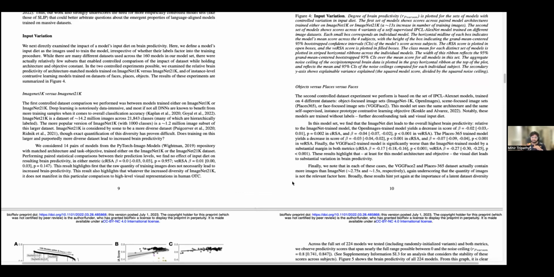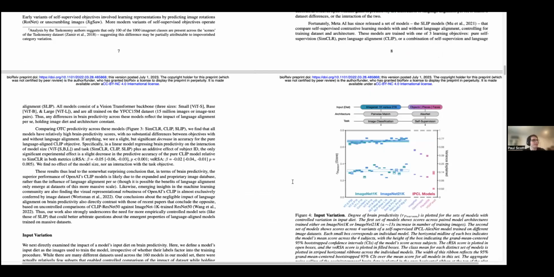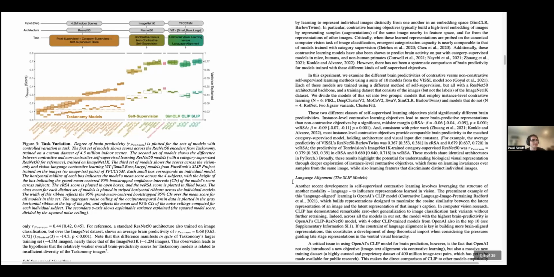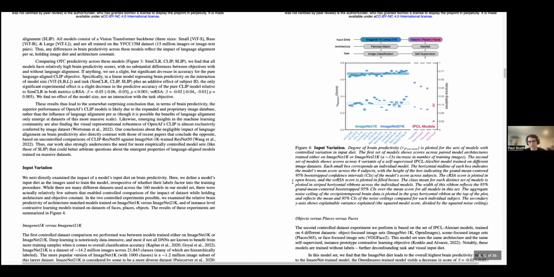But there is actually no significant increase between 1K and 21K. They also say that ImageNet 21K isn't actually that much more diverse than ImageNet 1K. It's just larger, not more diverse.